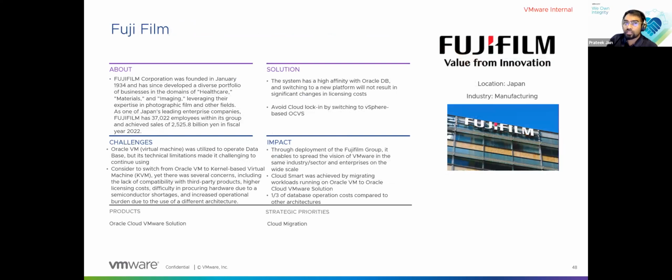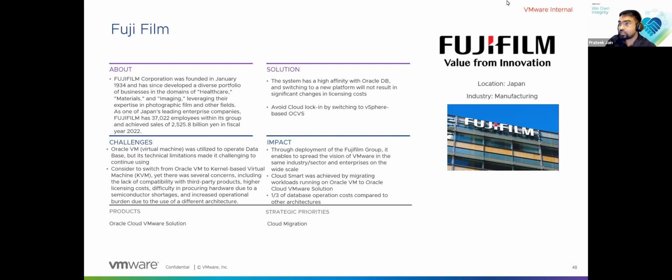And then we have Fuji. So Fuji is one other customer that we have. They moved their Oracle VMs from on-premises to OCVS to make sure they do not have a cloud lock-in. They wanted to stick with VMware. They wanted close proximity to Oracle.